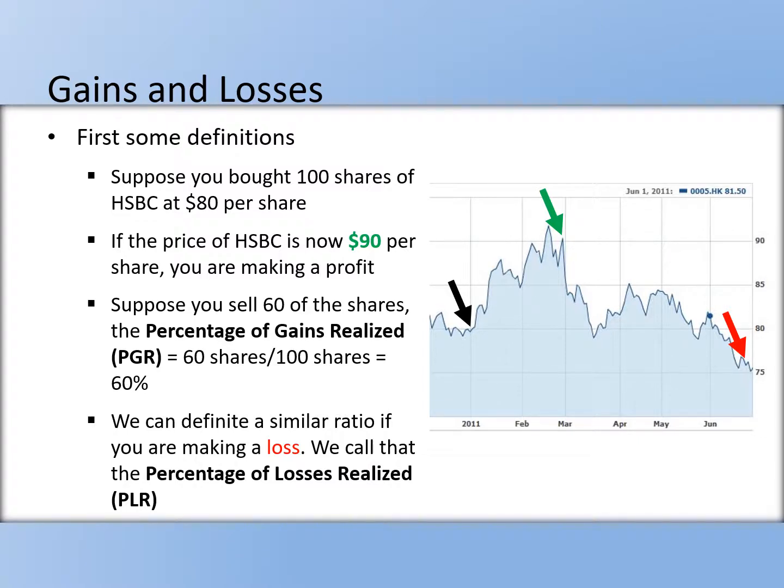Then those shares are being sold at a loss, so that we can calculate a percentage of loss realized. All right, so that's the idea. We want to calculate how much of your holdings you sell at a gain versus how much of your holdings you sell at a loss, right?